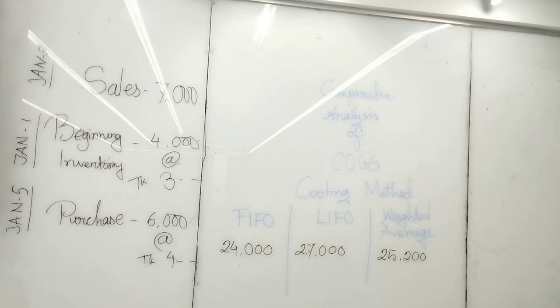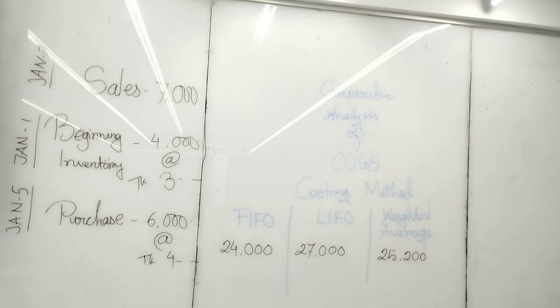So why is it different in different methods? Because we are doing it in a different method. Each and every costing method is different, and thus the amounts are different from each other.